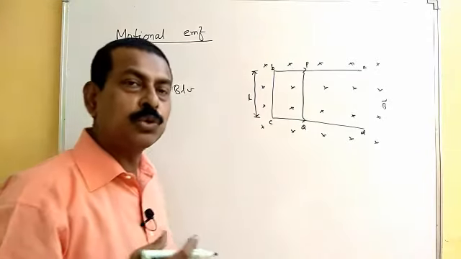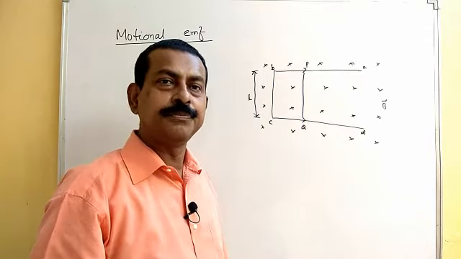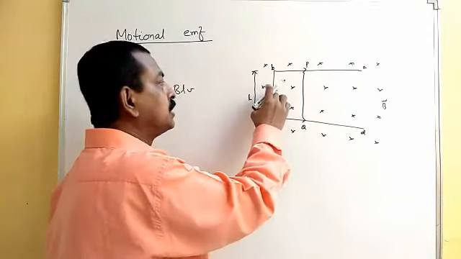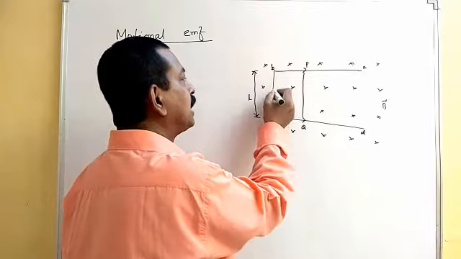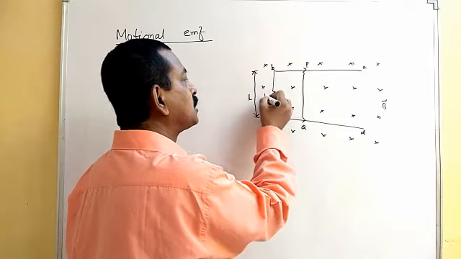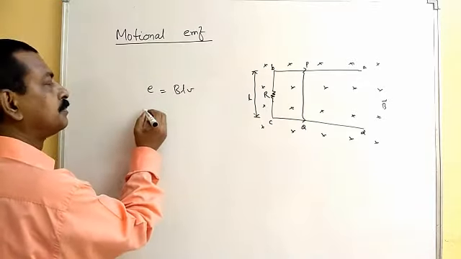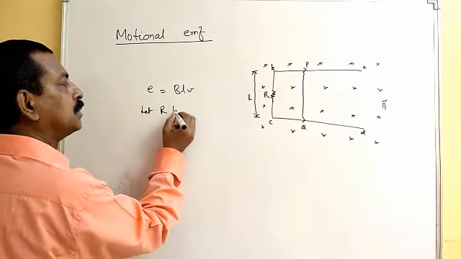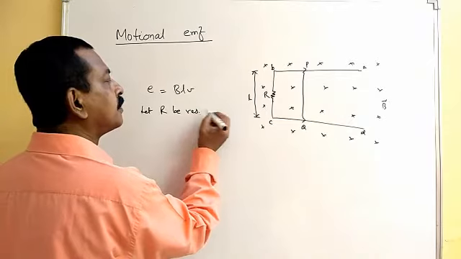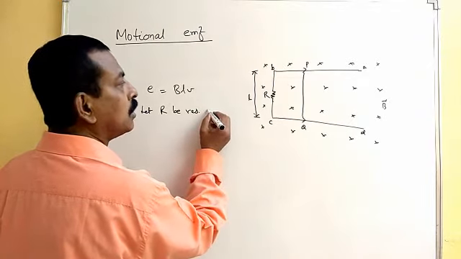Suppose you want to know what is the current developed. Suppose the resistance of this circuit is R. So let R be the resistance of the circuit.